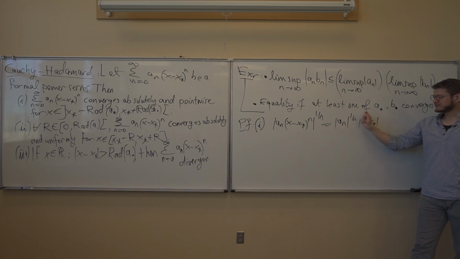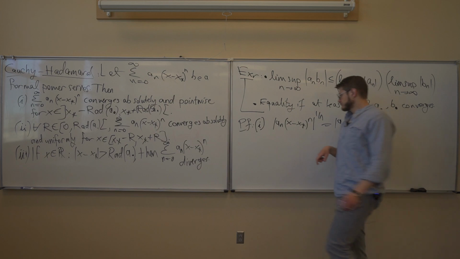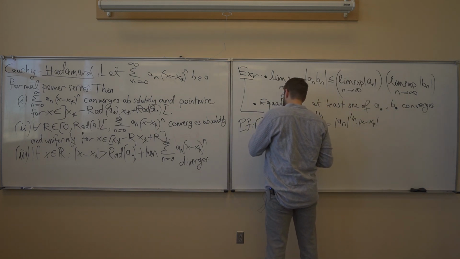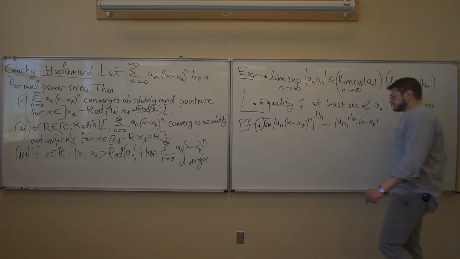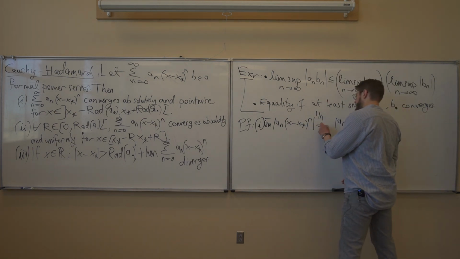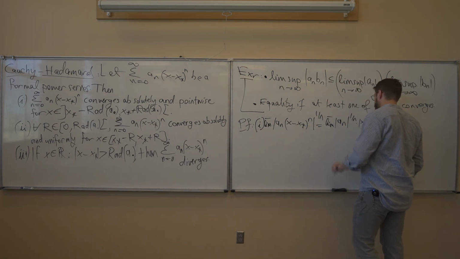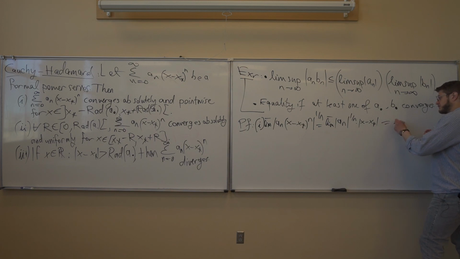The limsup of this is the limsup of this times this. Okay, let me just write it like this. Lim upper bar, remember, was sort of an abbreviation for limsup. And this is this.